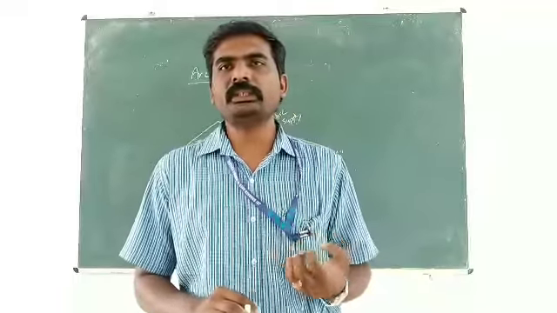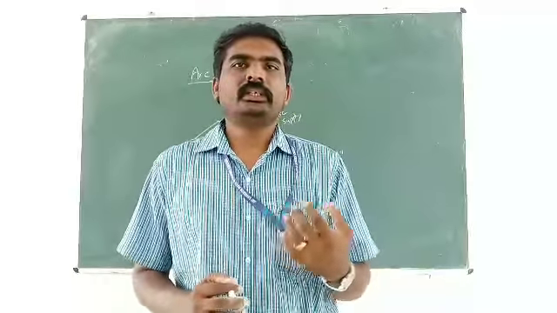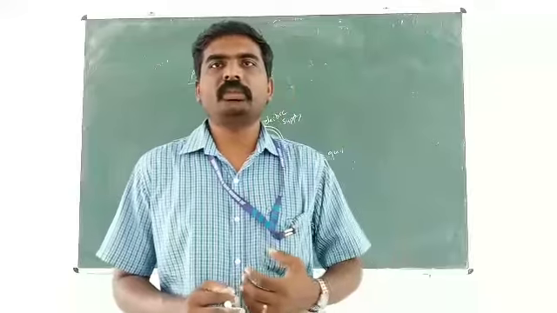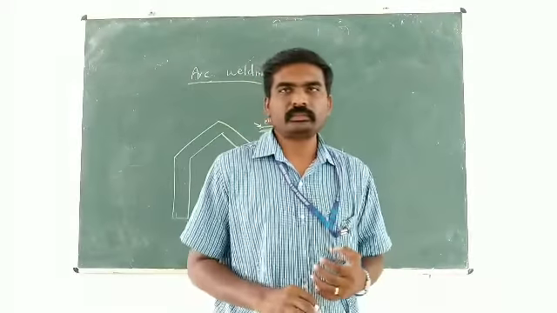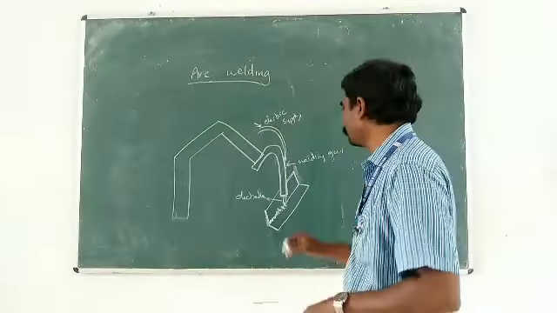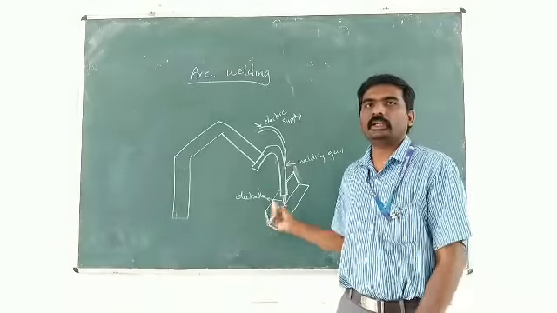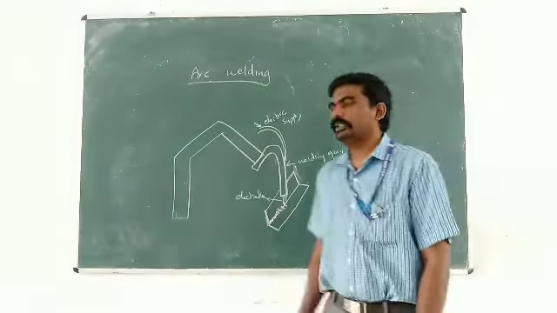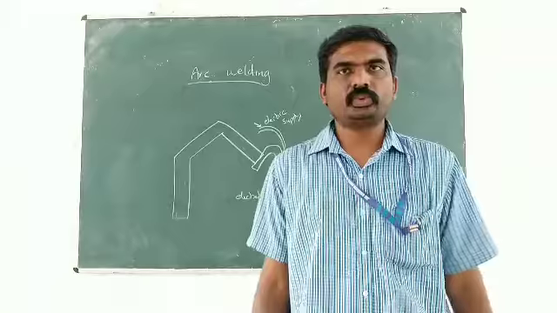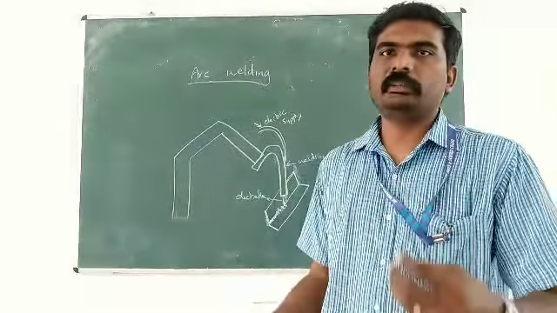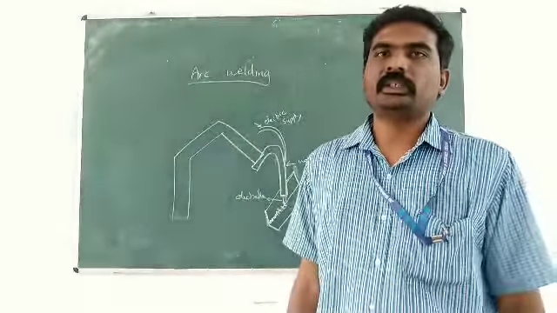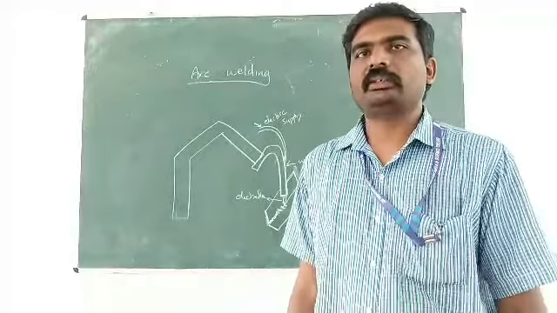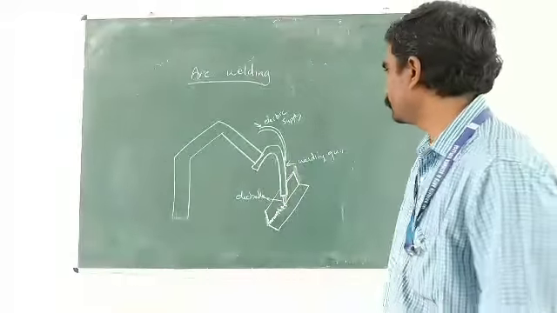And the working principle is similar, the same in both cases, except that here we are using only one electrode, but in spot welding we are using two electrodes, and by applying pressure we make the welding points.